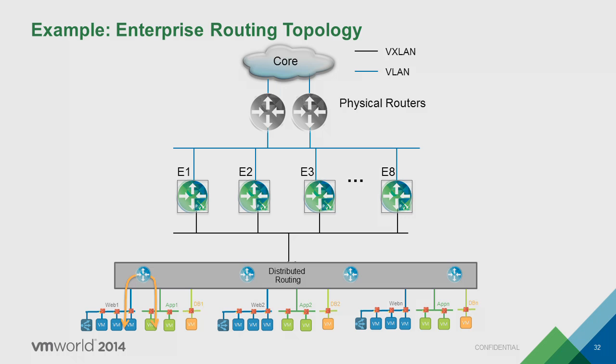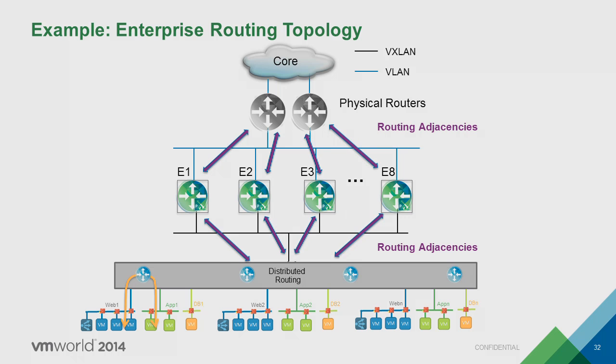Each of these edge service gateways is fully active. As we can support up to 8 gateways, you can scale this south to north connectivity bandwidth up to 80 gig of traffic. Now you can optimize the traffic path, and you have multiple active paths from your virtual into the physical environment.